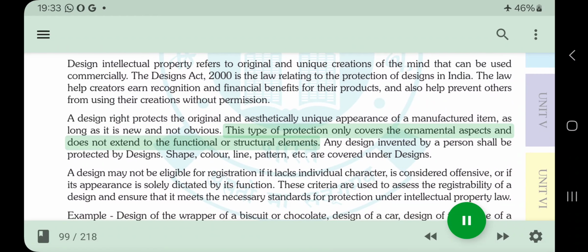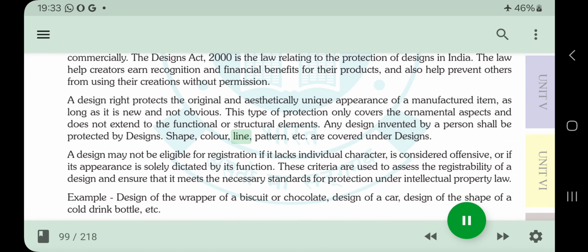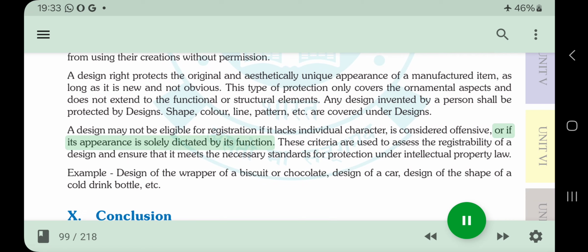This type of protection only covers the ornamental aspects and does not extend to the functional or structural elements. Any design invented by a person shall be protected by designs. Shape, color, line, pattern, etc. are covered under designs. A design may not be eligible for registration if it lacks individual character, is considered offensive, or if its appearance is solely dictated by its function.